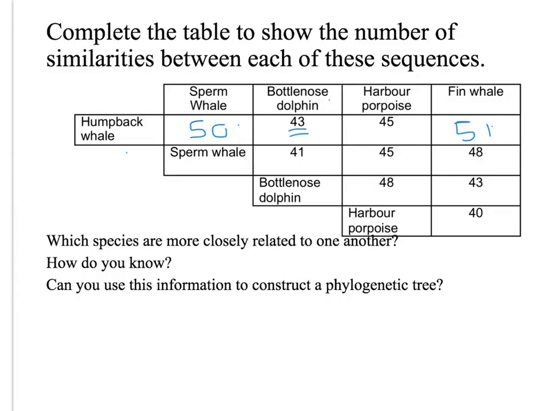So in terms of the question, which species are more closely related to one another, you look at the information and see that it appears the humpback whale and the sperm whale are more closely related to one another, and then the fin whale with the sperm whale. So the whales are more closely related, and then they're more distantly related to the dolphins, and even more distantly related to the harbour porpoise.